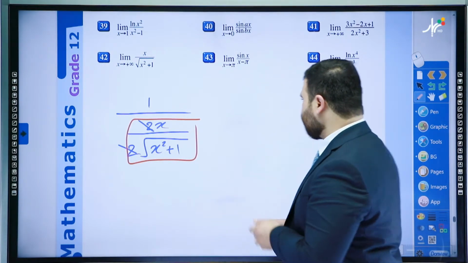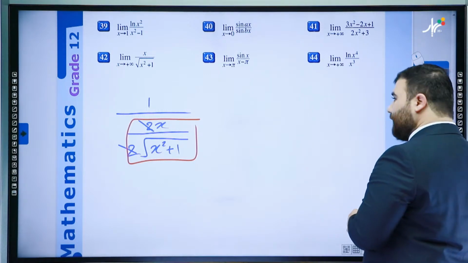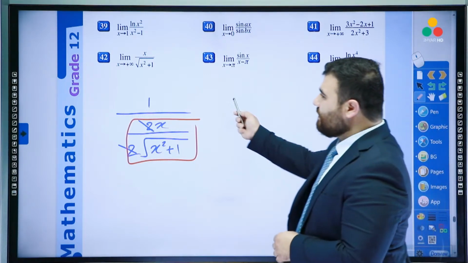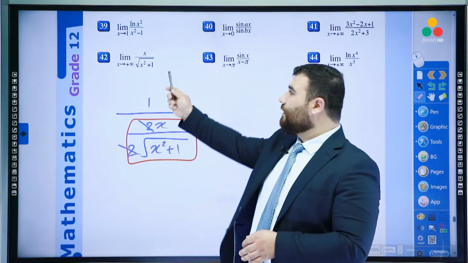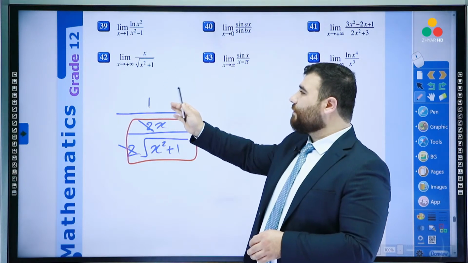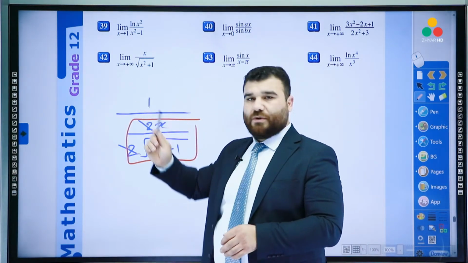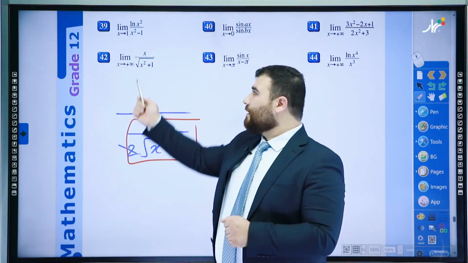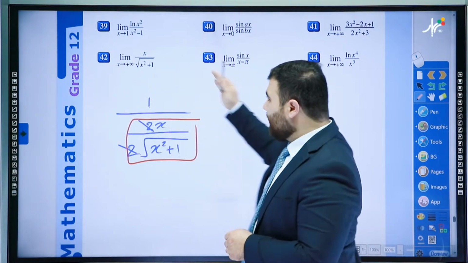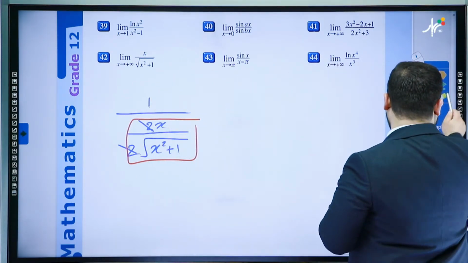Then what we do, we need to go back to the old way, divide, since it became infinity over infinity, divide up and down everything by x. This x power 2 is under the root, so we consider this as x. And this is x, so we divide up and down everything by x.